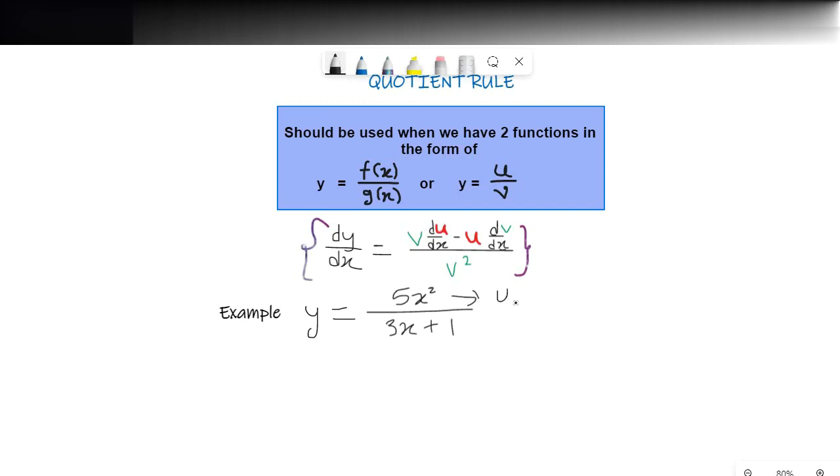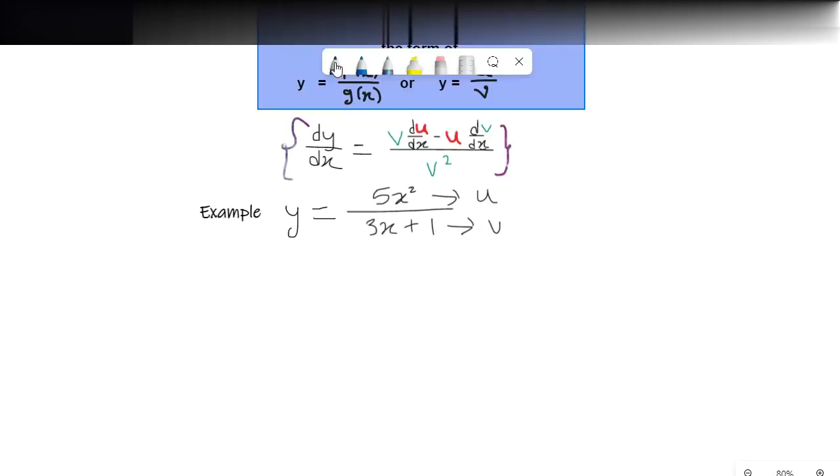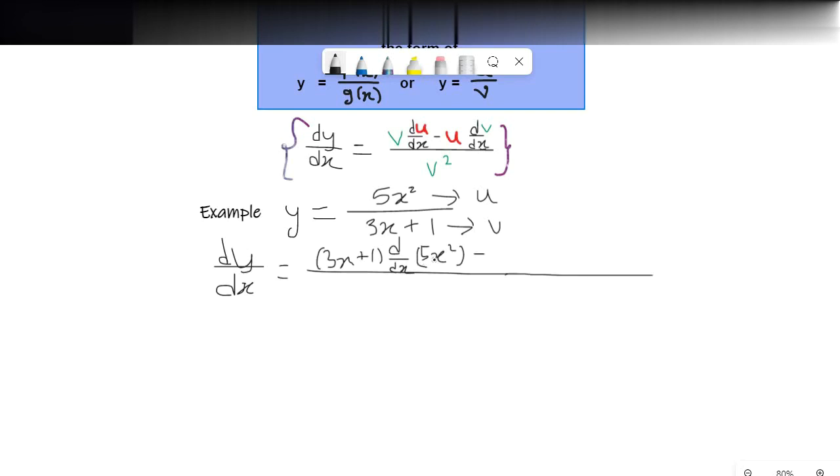So assuming this is u and this is v, according to this formula we can use the quotient rule, and so we have dy by dx equal to, we have v, which is 3x plus 1, multiplied with the derivative of u, which is 5x squared in this case, subtracted with u, which is 5x squared, multiplied with the derivative of v, which is 3x plus 1, and then dividing the whole thing with v squared, which is 3x plus 1 whole square.